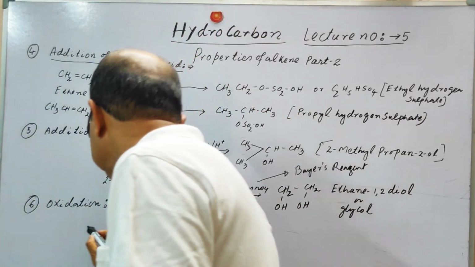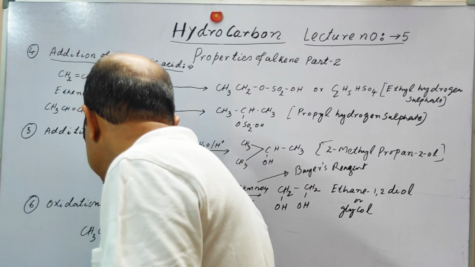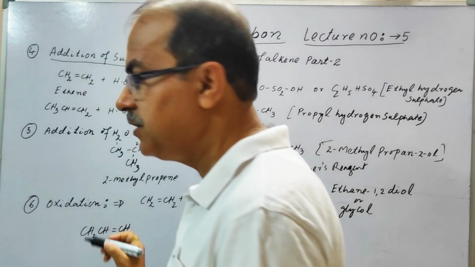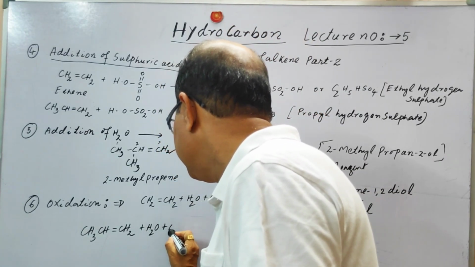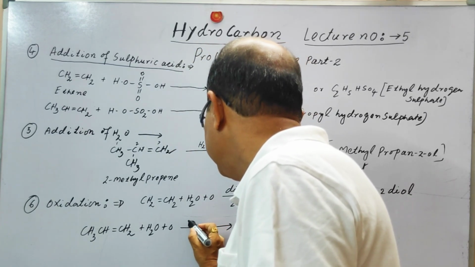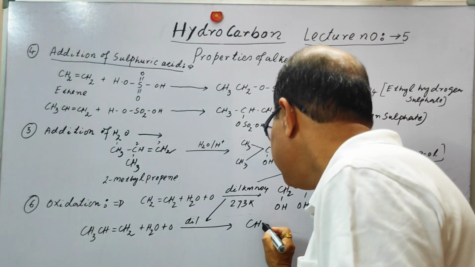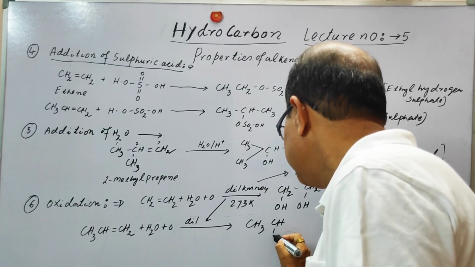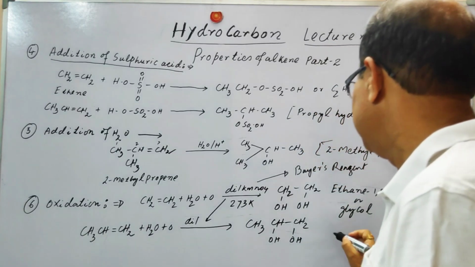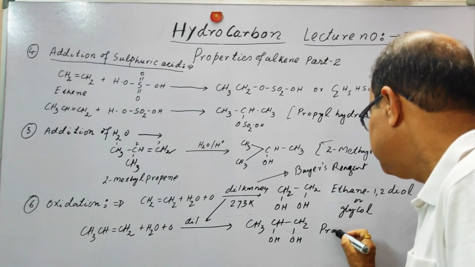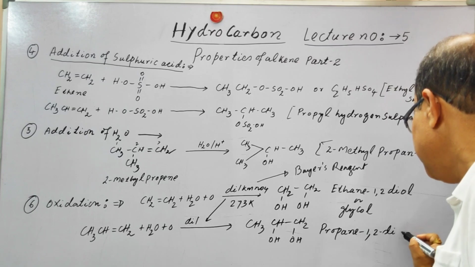Again we have taken another alkene, CH3CH=CH2, which is propene. When propene is oxidized in dilute KMnO4 under the same condition, it is again going to produce propane-1,2-diol.